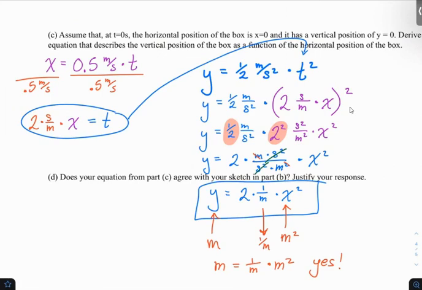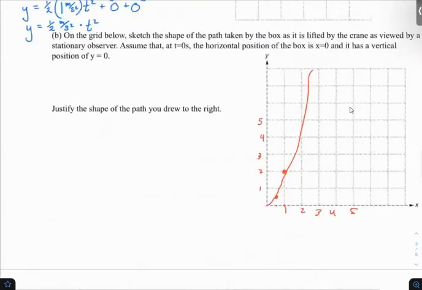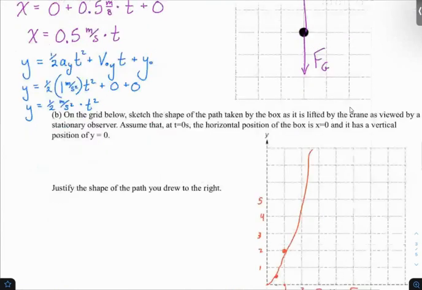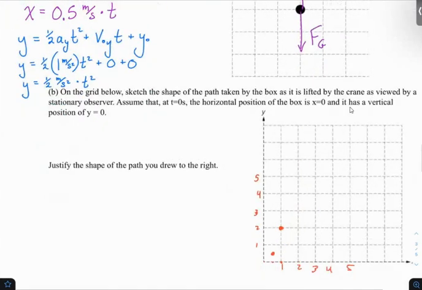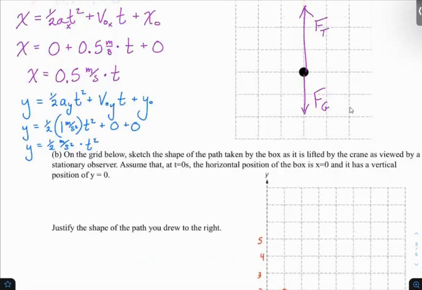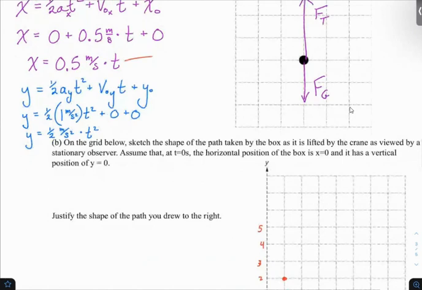2x squared. Wait, what? Oh, for part B, the way that I did part B, I can keep going where I left off. I'm going to plug in a time into each of my equations, like 3 seconds into this one and 3 seconds into that one.